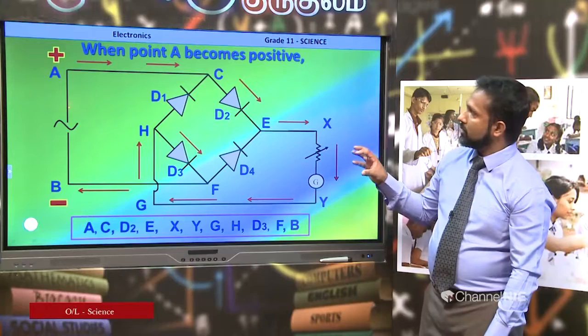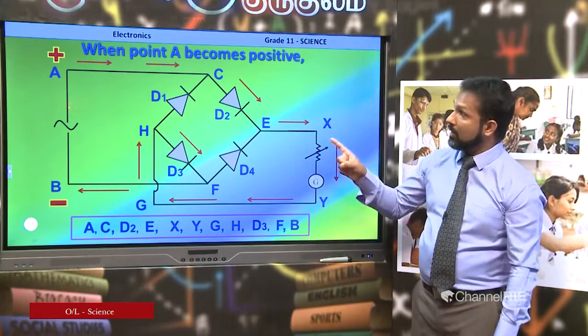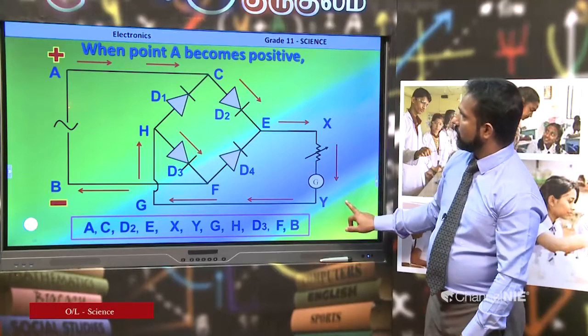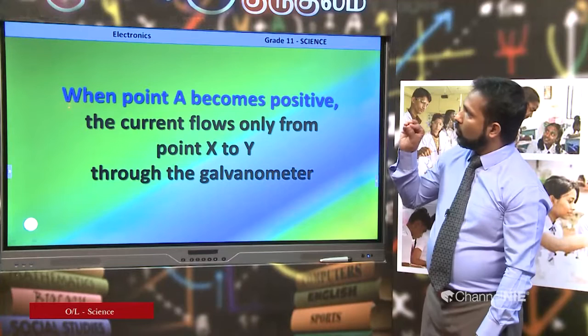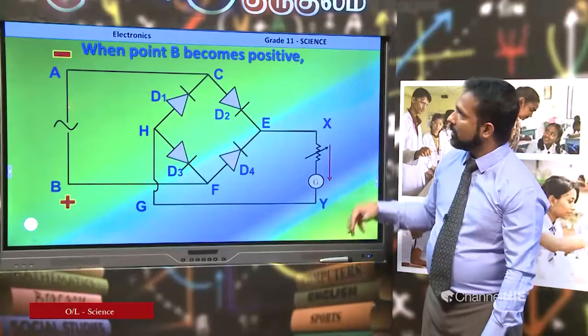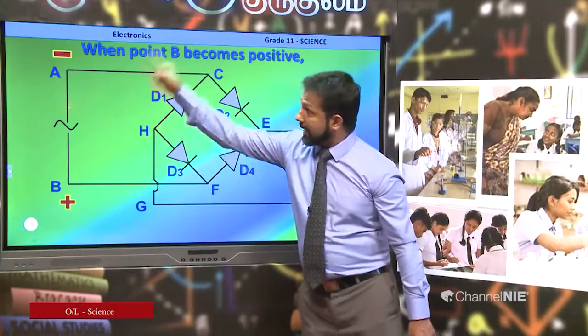This shows the flow of current through the rectifier bridge only when A becomes positive, B becomes negative. Now let's learn that when point A becomes positive, the current flows only from point X to Y through the galvanometer. Now let's focus our attention on when A becomes negative.